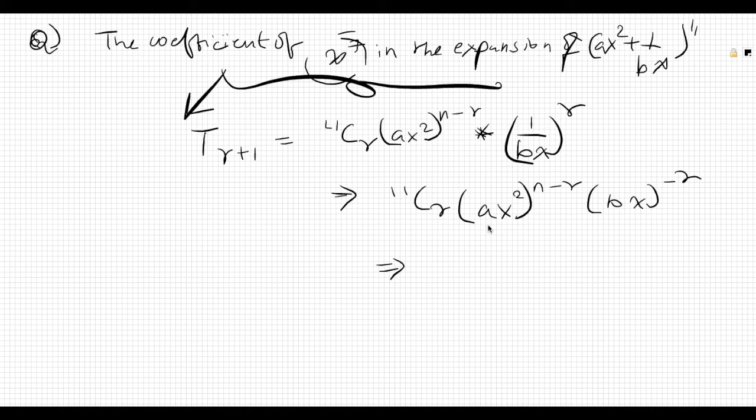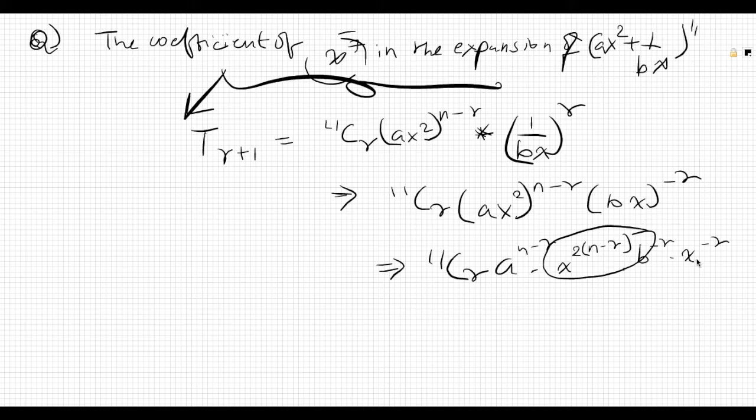The coefficient of x power 7. So x power 7 means a to the power n minus r, x to the power 2 of n minus r, into b to the power minus r, into x to the power minus r, and this should equate to 7.